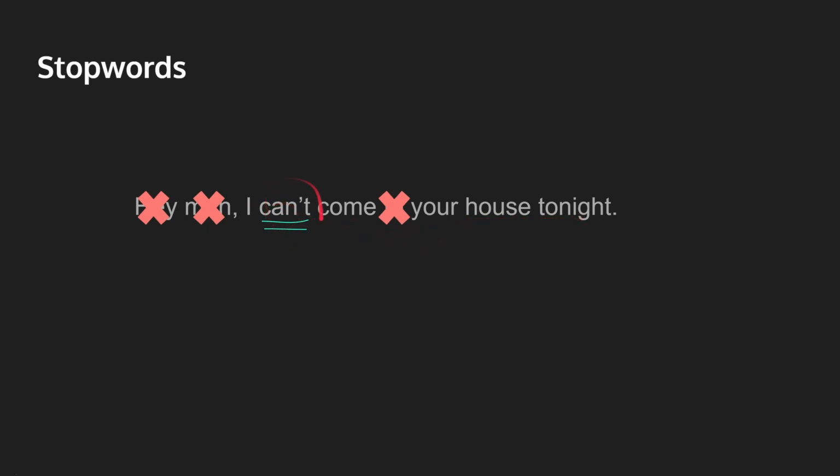But with this word can't, it means that I can't come to your house tonight. So it indicates a completely different meaning. That's why this word is so essential in this sentence, right? So there are certain words that we will value over others in this case. Can't is a very important word because it indicates that the opposite action will happen.